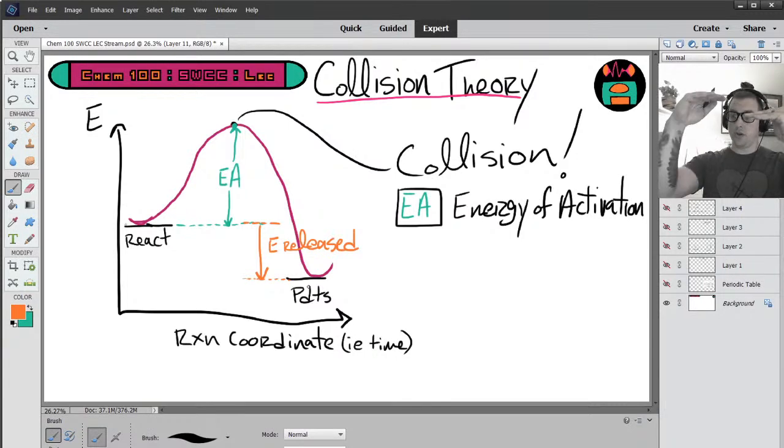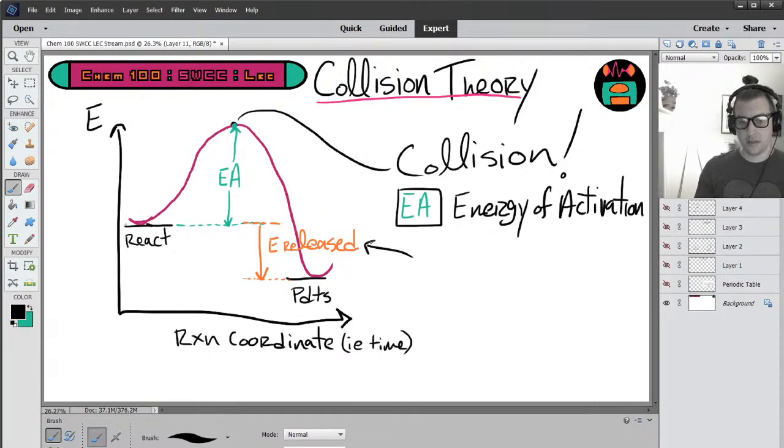You started up here, you're ending down here. Energy is released, and that means that this reaction is exergonic.